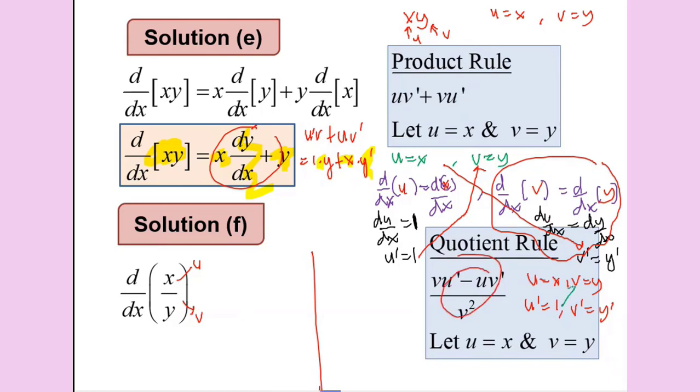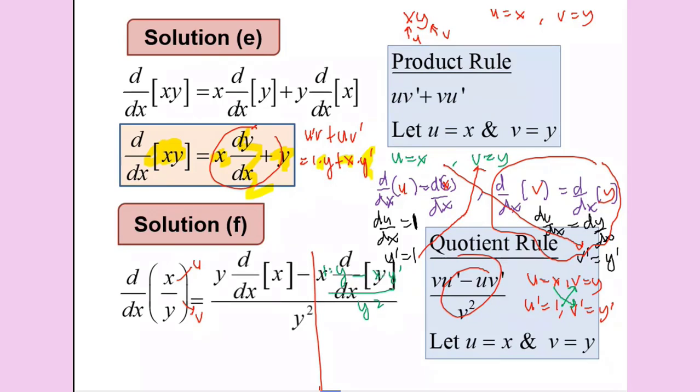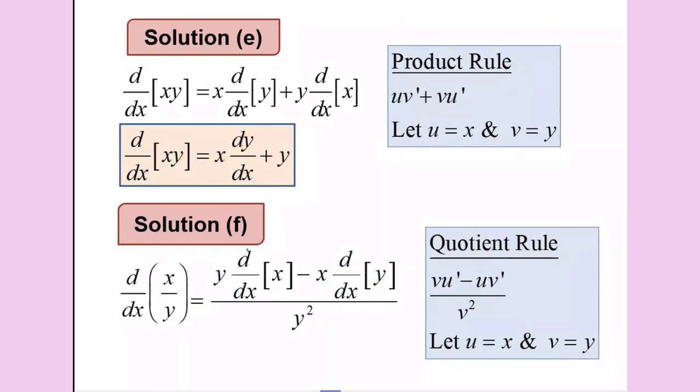Okay, ni times this. So 1 times y minus x times y prime over y squared. Okay, direct macam ni for product rule. Atau follow dia punya ni, kan, follow dia punya apa pula. Okay, hilang semua. Follow dia punya benda ni. Okay, dan ini dan dapat. Cik dapat tadi lah, dapat.